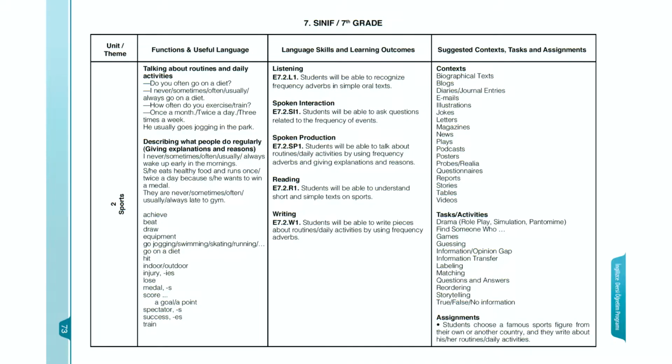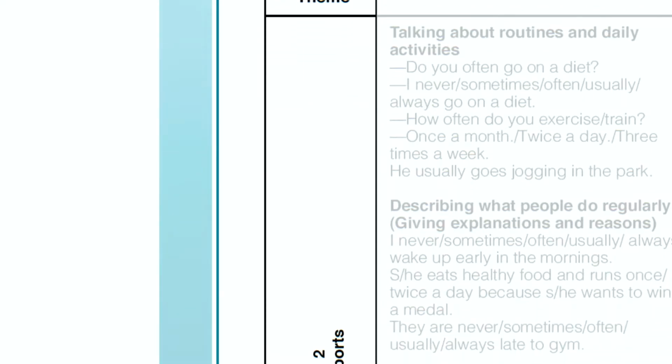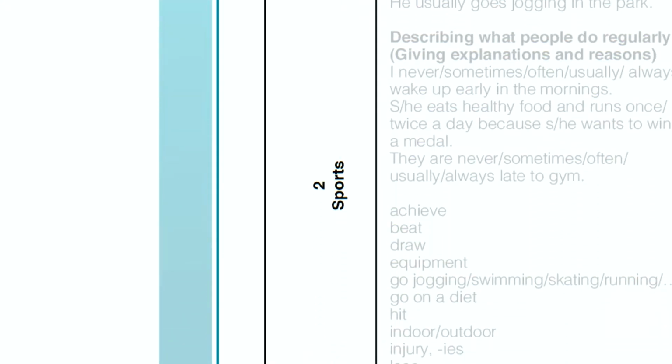Here you see the 7th grade, unit 2, outline. Okay? As you can see, there are 4 columns in this figure. The first one is for unit or theme. The title is mentioned over there.